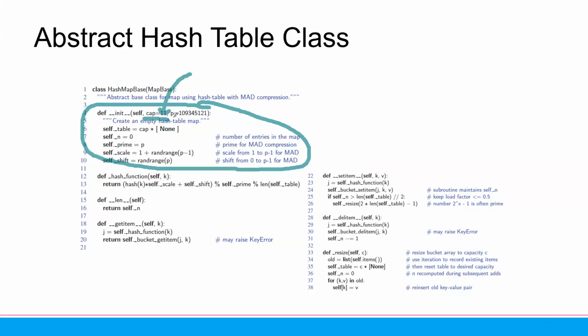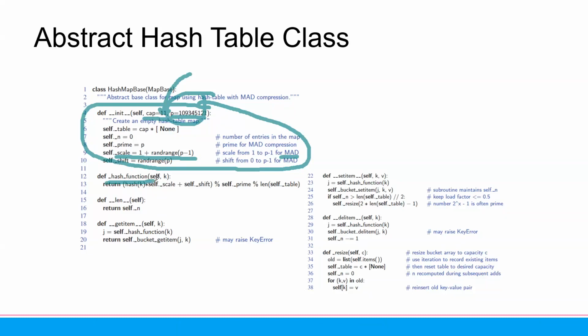And then p is a kind of random number, and the random number has a very big range of values. So you can see the scale: the scale is 1 plus a random value in the range p minus 1. So p is the random number here. It is just for a range for this MAD, the multiply, add, and divide.